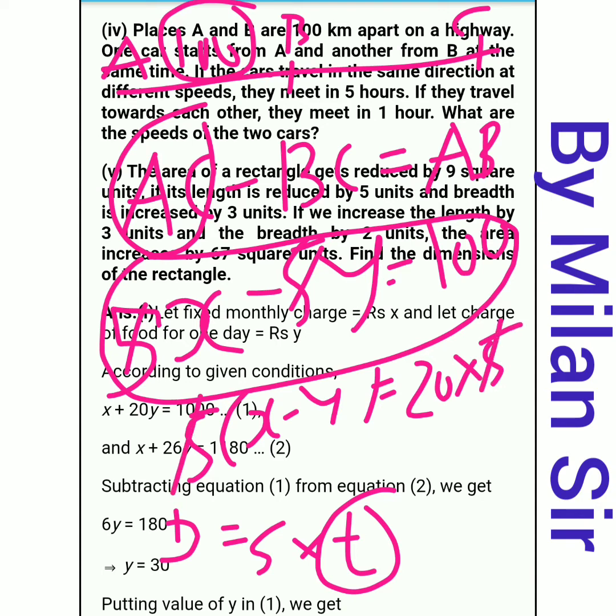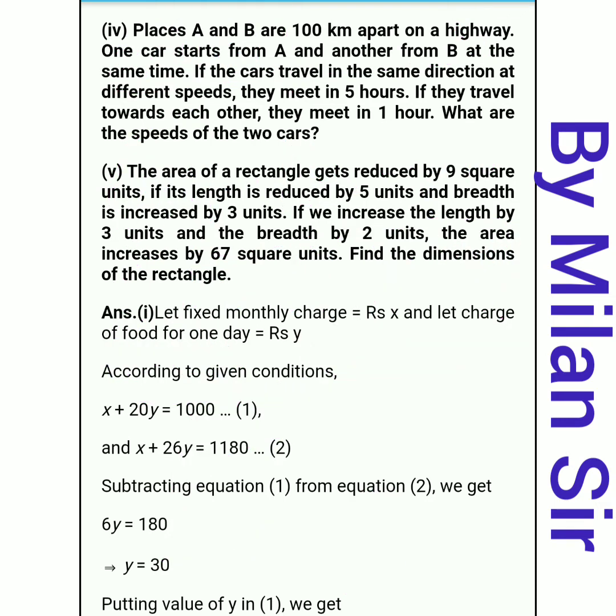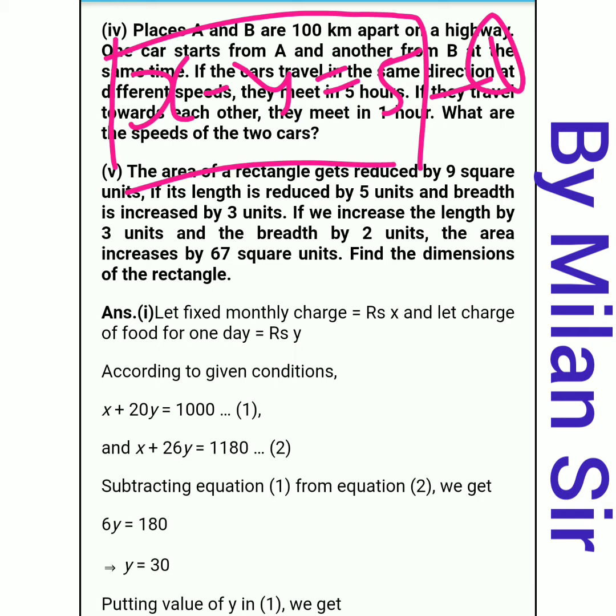So 5 cancels from both sides, and x minus y is equal to 20. This is our equation number 1.